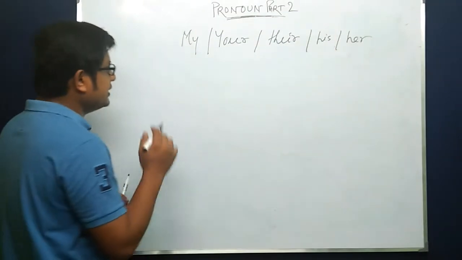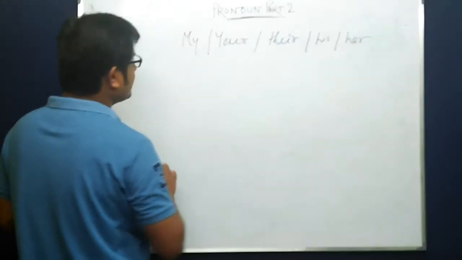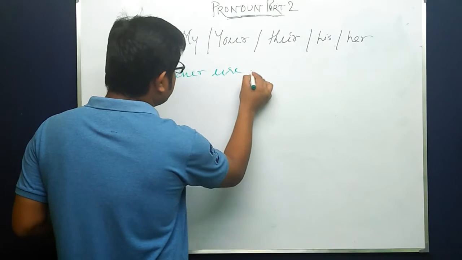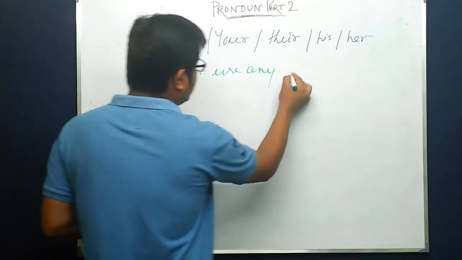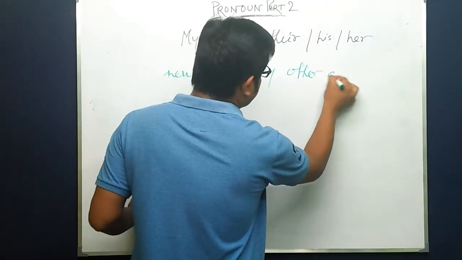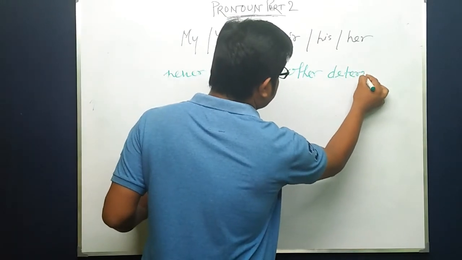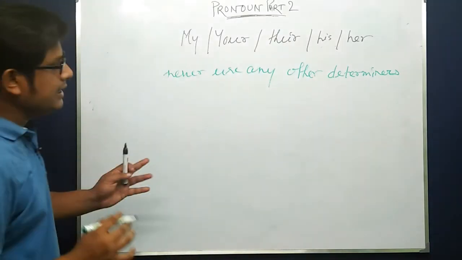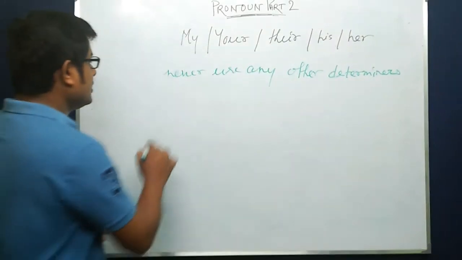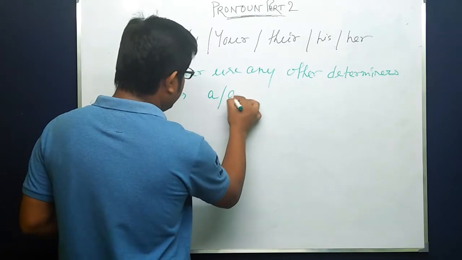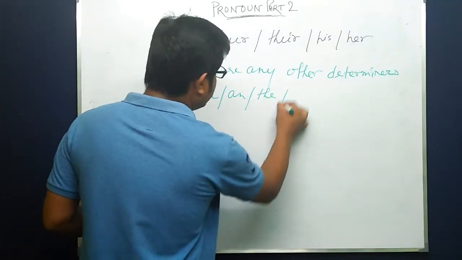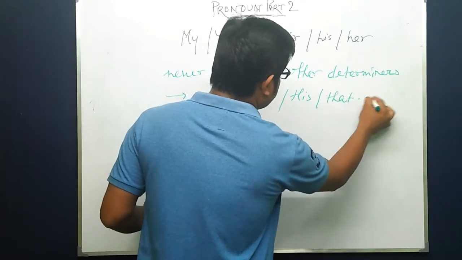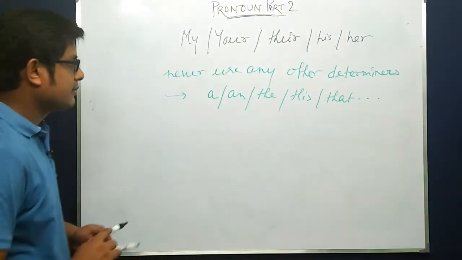So that means never use any other determiners along with these words. That means you cannot use a, an, the, these, that, or any other determiners, right?